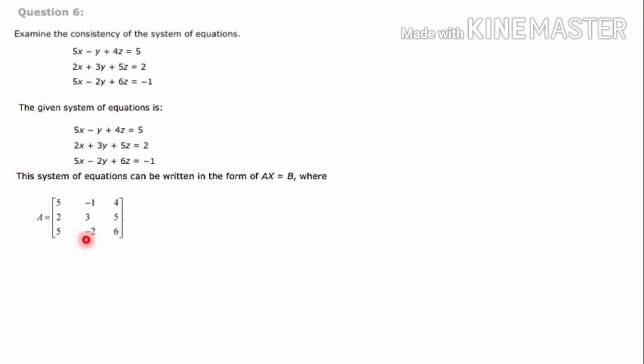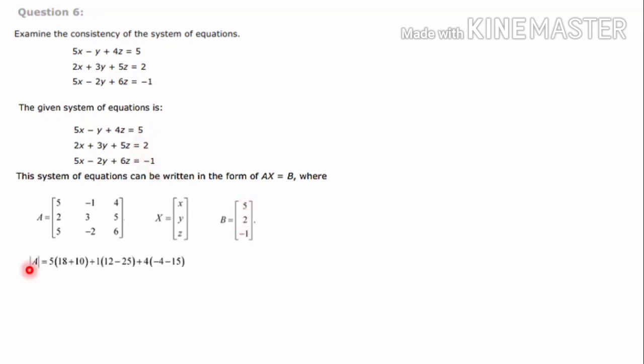So 5, minus 2 and 6 are written in the third row. Next, X, that is our variable matrix. It is clear that the equations are in X, Y and Z. So the variables X, Y and Z we have to write column wise. Next, B is the constant matrix. Here the constants are 5, 2 and minus 1, that is written here.